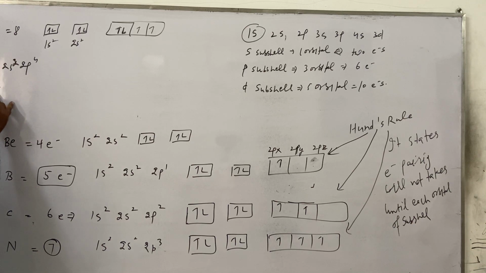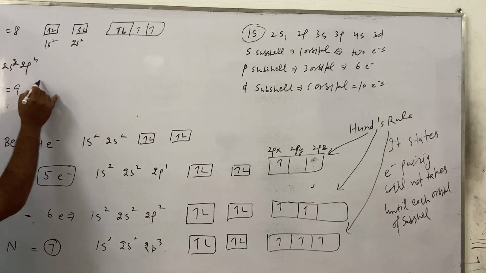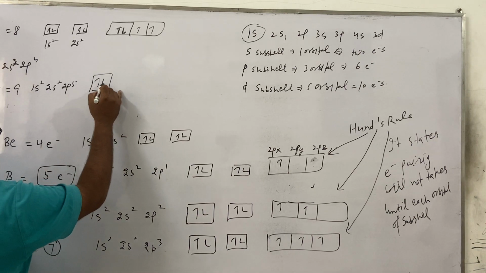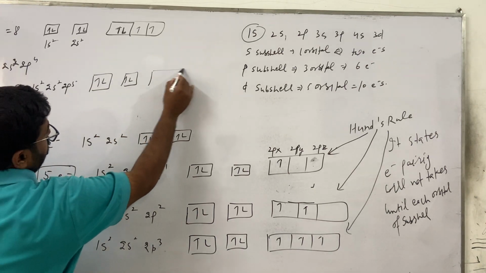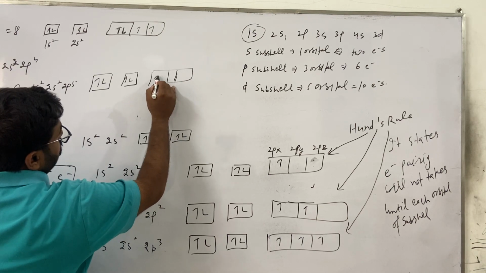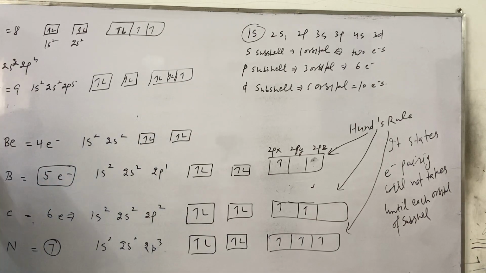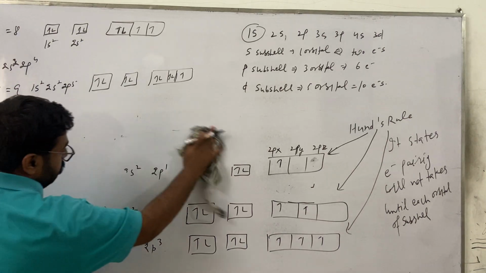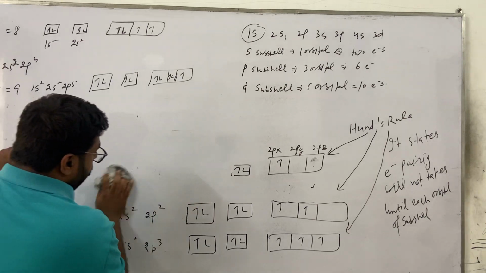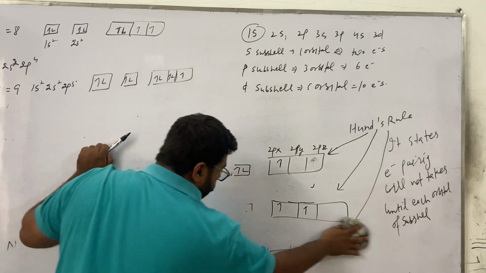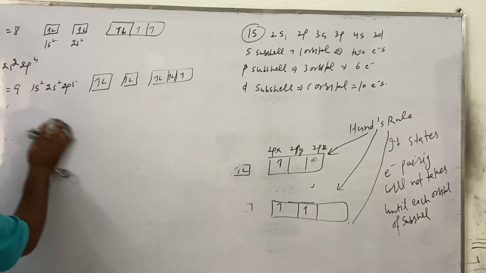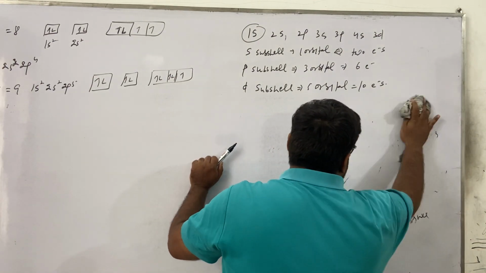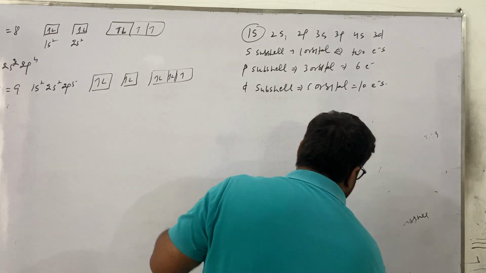From oxygen there will be fluorine, there are 9 electrons, we can write it as 1s2, 2s2 and 2p5. So it can be represented as 1s2, 2s2 and 2p5. We can pair it, and now in case of neon, we have to fill the electrons in the same manner.